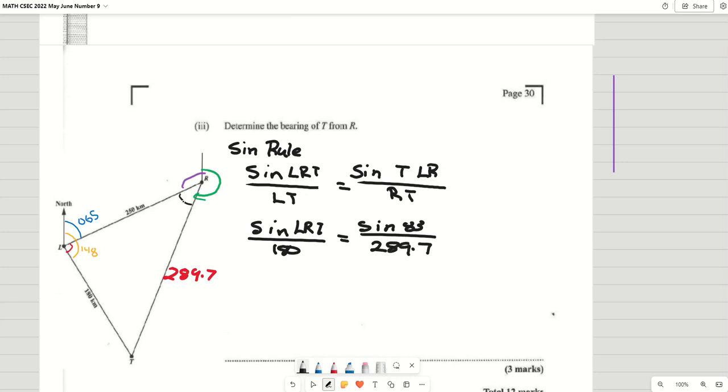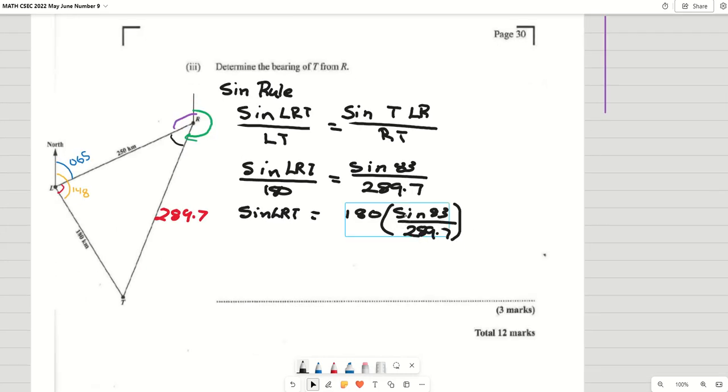If we carry across, divide by 180 turns to multiply, so sine LRT is equal to 180 multiplied by sine 83 over 289.7.